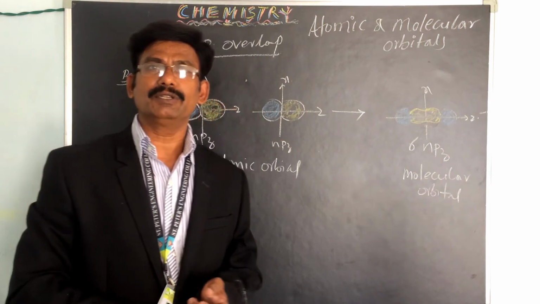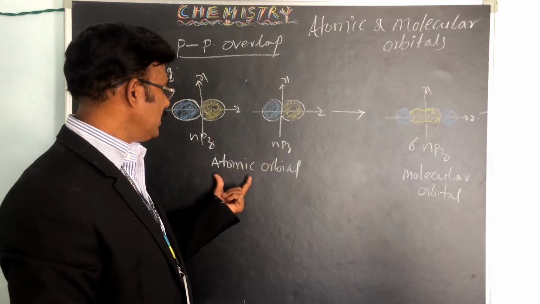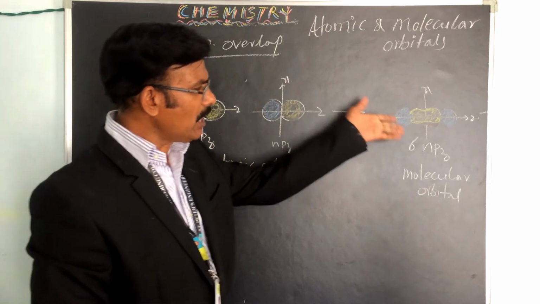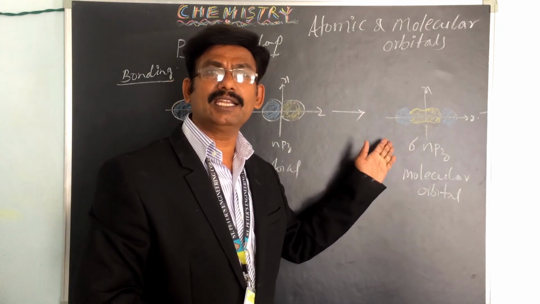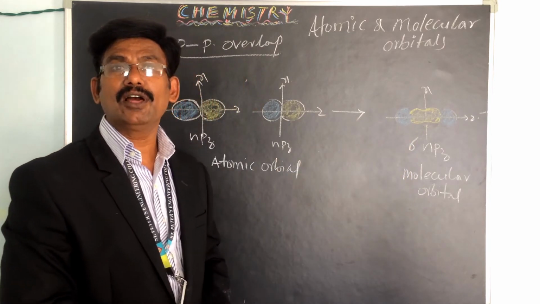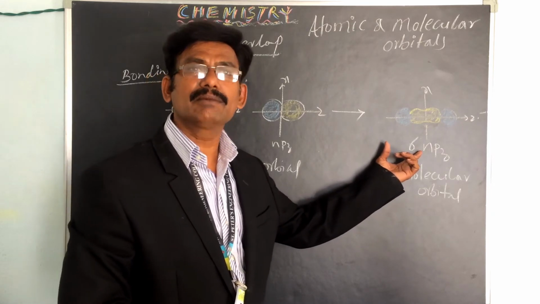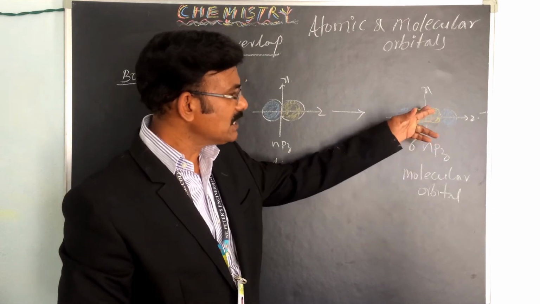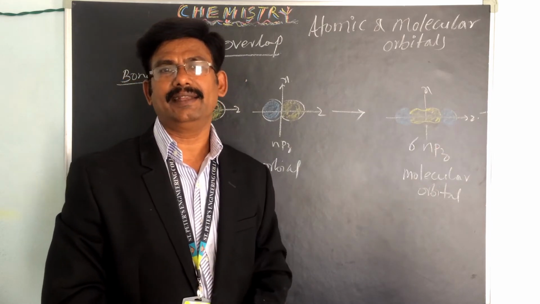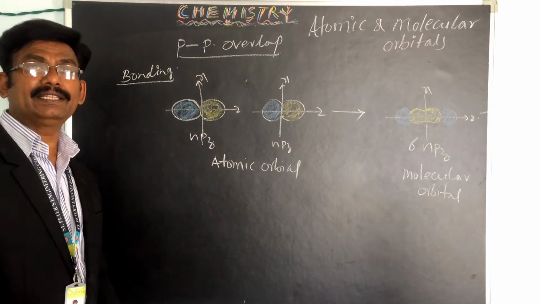This is the bonding formation: atomic orbitals of npz and npz at the same energy level, when overlapping each other, form the molecular orbital. The bond formed is the sigma npz. Atomic orbital to molecular orbital, what bond is formed? Sigma bond, in the X direction and Z direction. Understand this one? This is the npz.